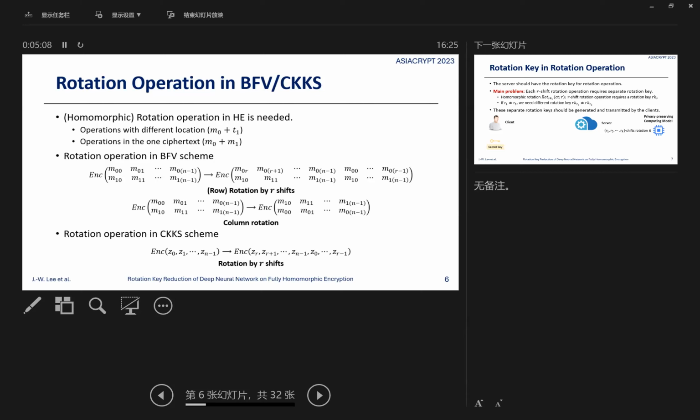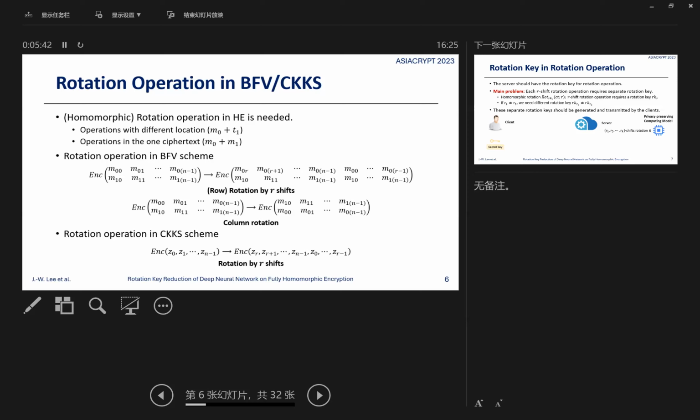The cyclic shift means all elements are moved by an R left shift. The left is the conventional default direction. In the BFV scheme there is also rotation, but it means row rotation. In each rotation, we cyclic shift by R when we perform the rotation operation by R shift.